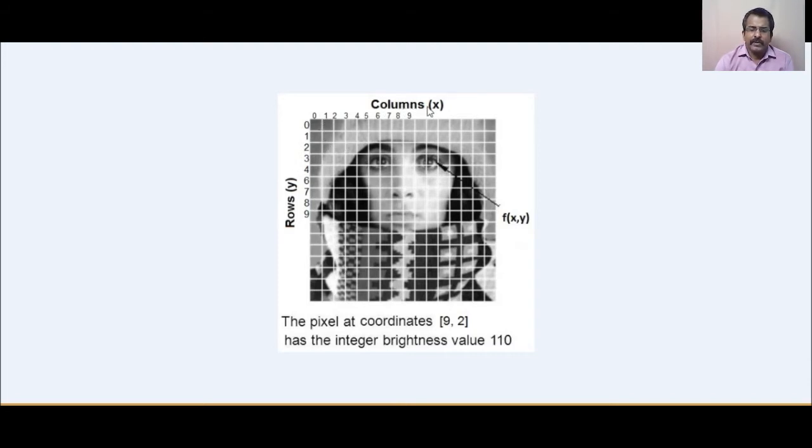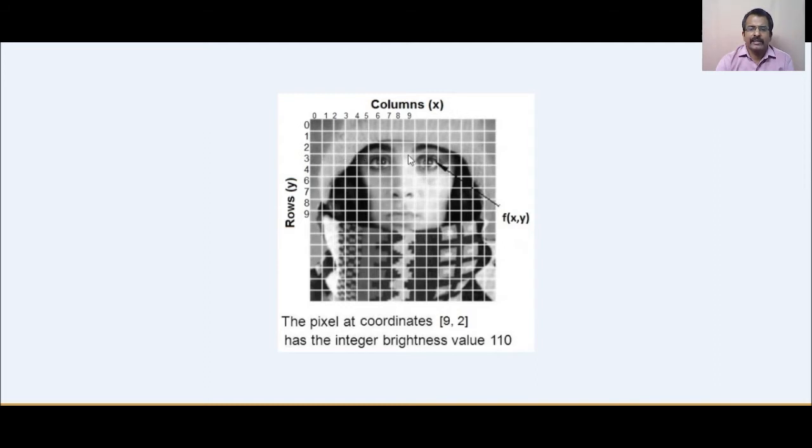So if we look at a particular pixel intensity, how do we represent each and every pixel? We have to use f of x comma y in that case, the function of that particular pixel. The pixel at coordinates 9 comma 2: 9 is the column number, that is the ninth column, and 2 is the row number. This line is row 2, and this line is column 9.